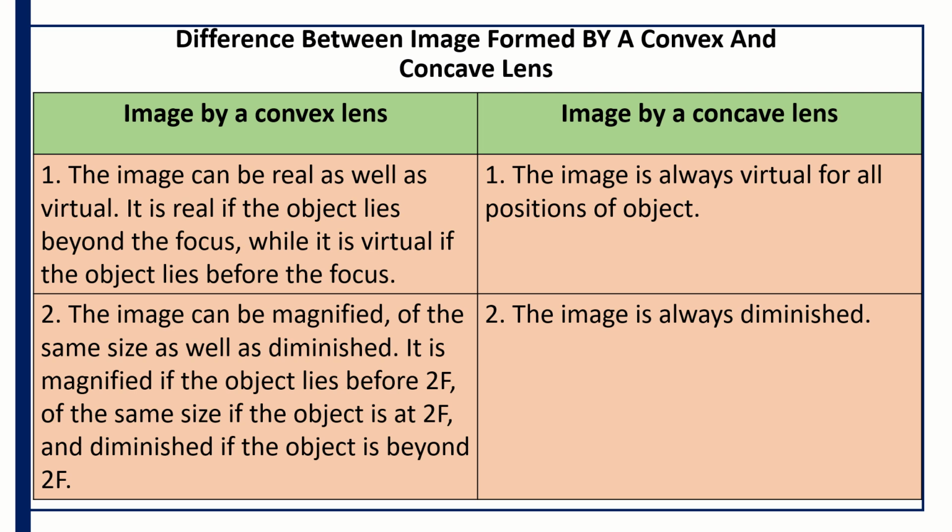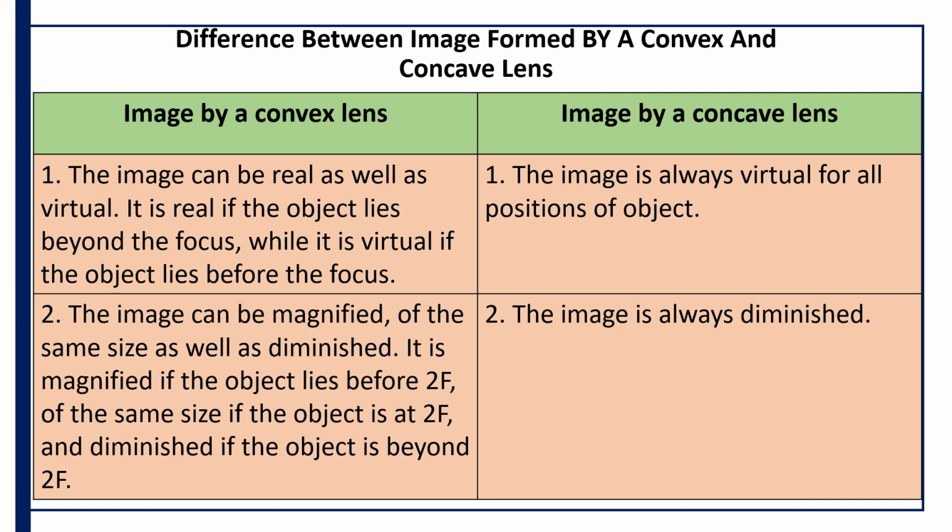If we keep the object at infinity, beyond 2f1, at 2f1, or between 2f1 and f1, we get real images. If the object is between f1 and the lens, we get a virtual image. So we get both types of images using a convex lens.